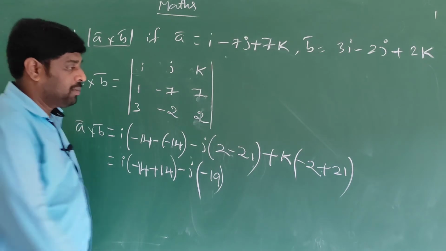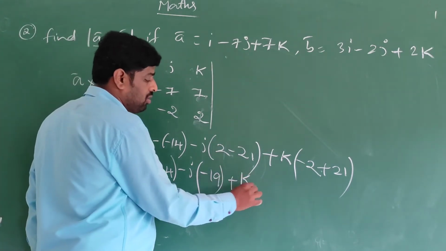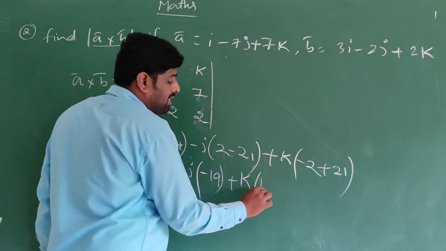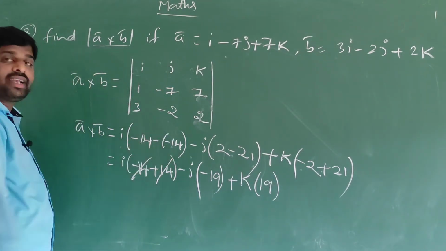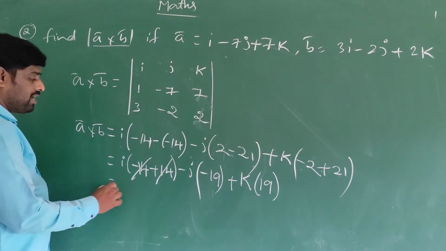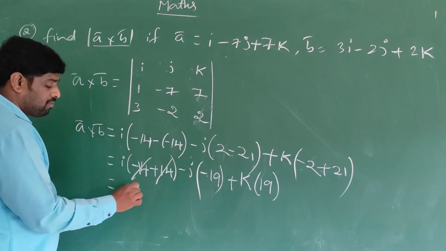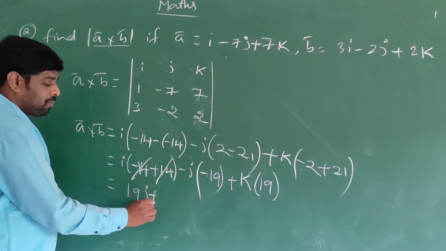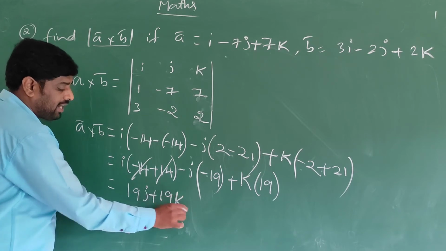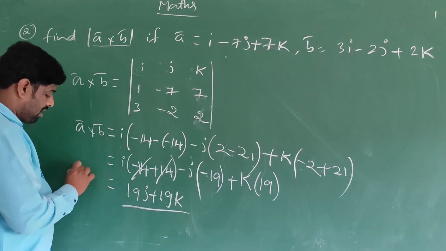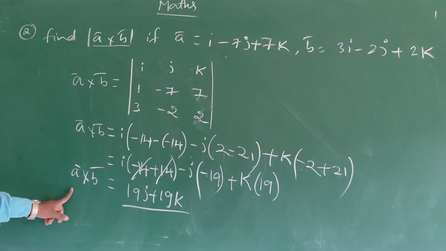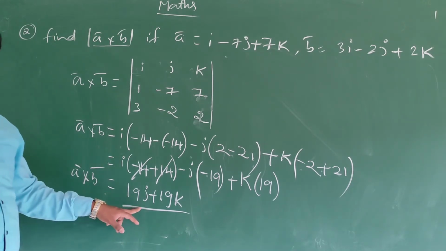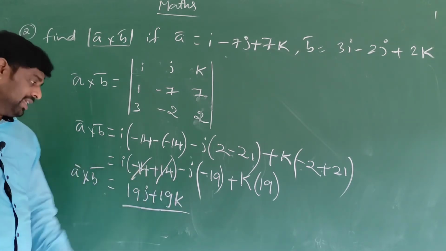Clear? Plus k into 21 minus 2 is 19. So 14 gets cancelled. That is minus into minus plus 19j plus 19k. This is A bar cross B bar. A bar cross B bar is 19j plus 19k.